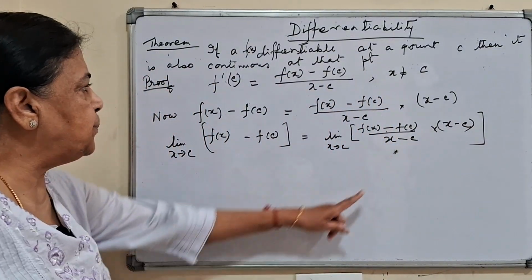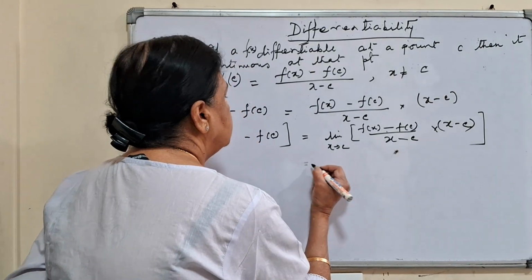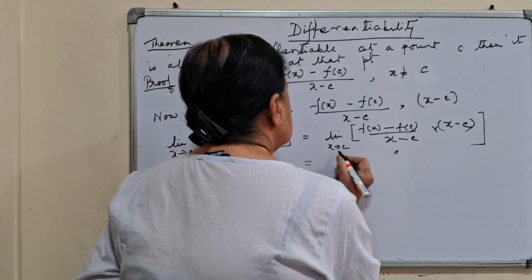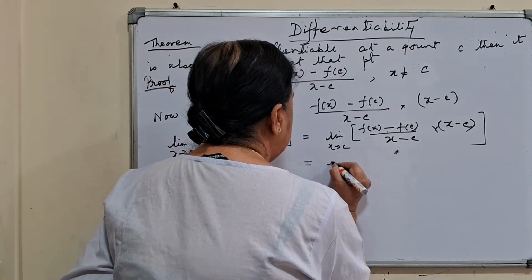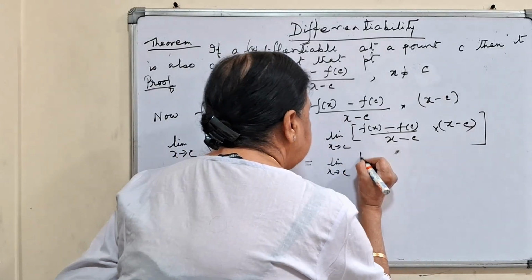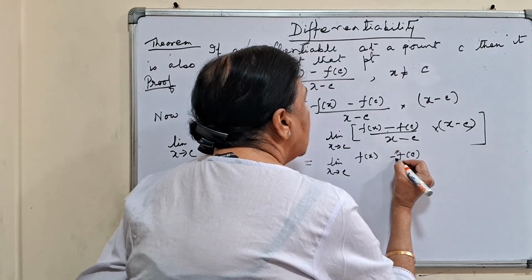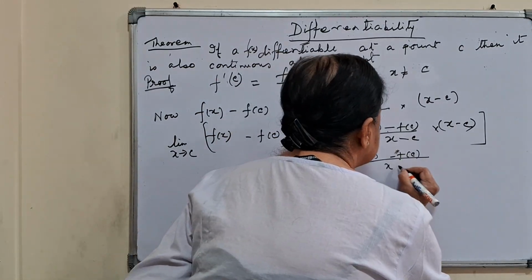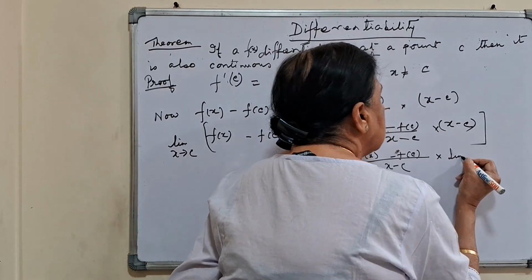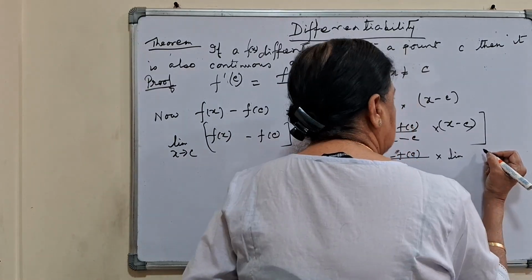Okay, now I separate these two. That is equal to limit x tends to c, f(x) minus f(c) divided by x minus c, into limit x tends to c, x minus c, because limit of f into g is equal to limit f into limit g.